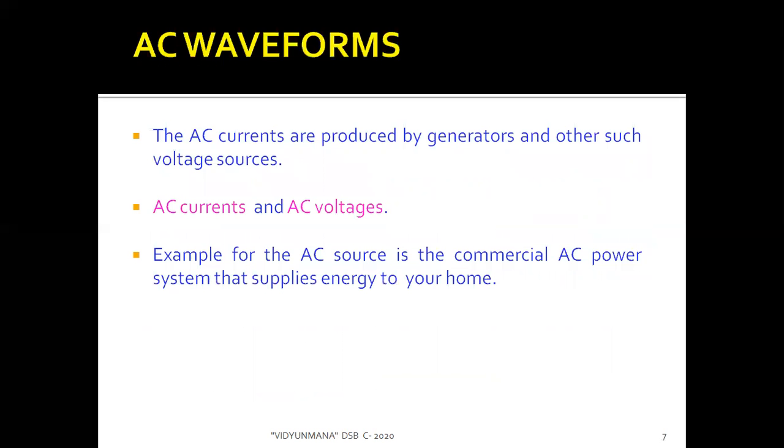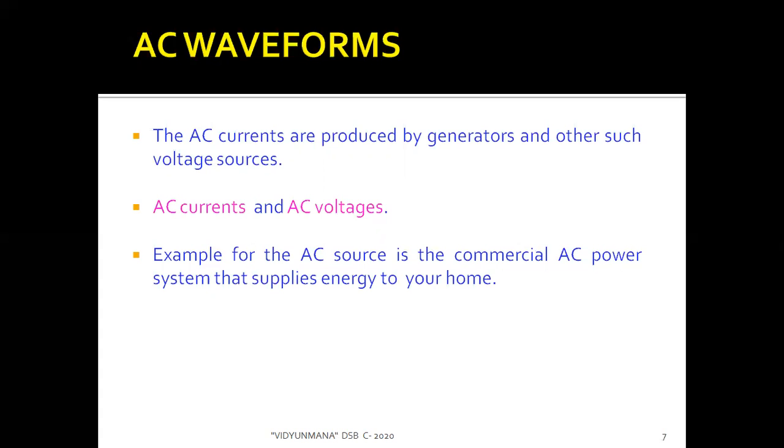Next are the AC waveforms. Many of the waveforms you might have heard of. The alternating current is the current that changes direction cyclically, passing first in one direction, then in the other through a circuit.